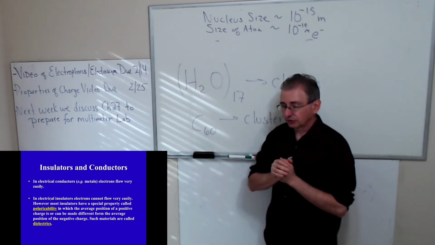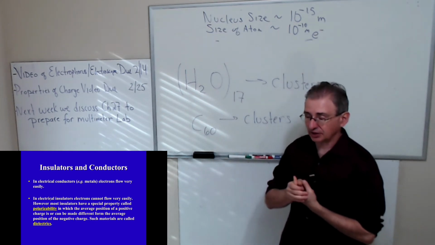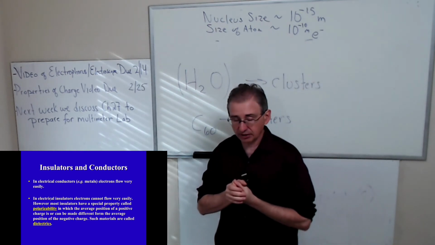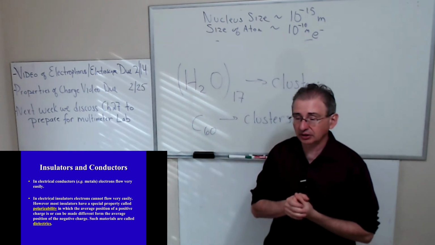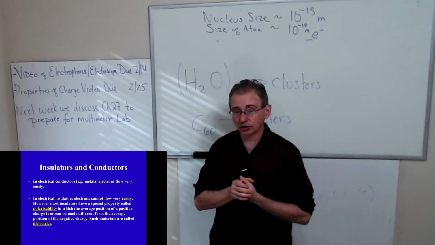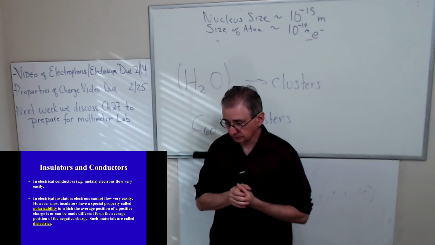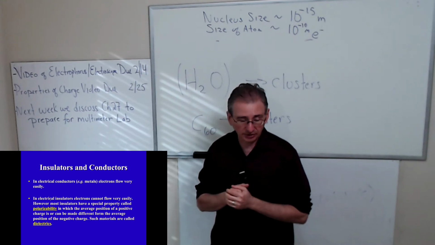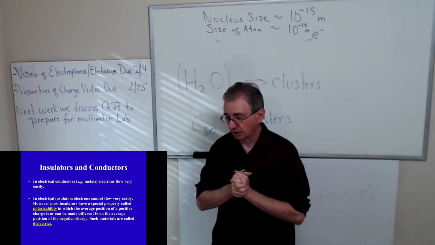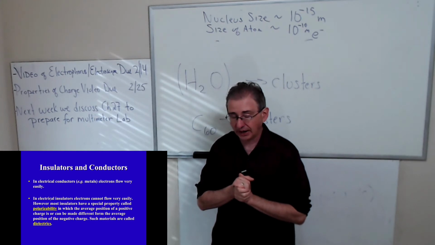So we have 2 items. Those that conduct electricity are called electrical conductors. And by the way, materials that are electrical conductors also are good conductors of heat, of thermal energy. Metals are good conductors of electricity. Why?